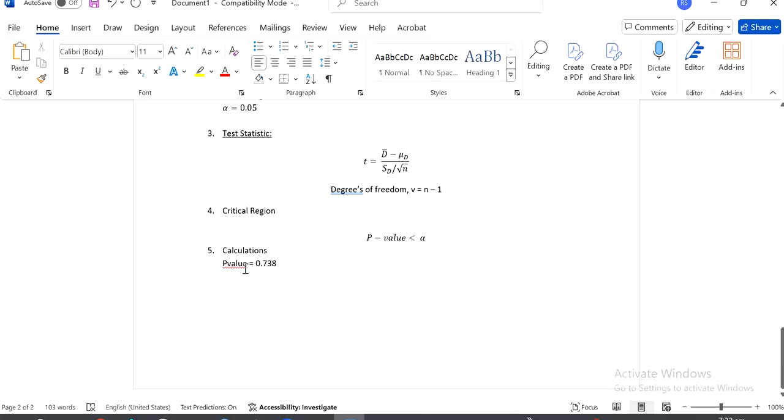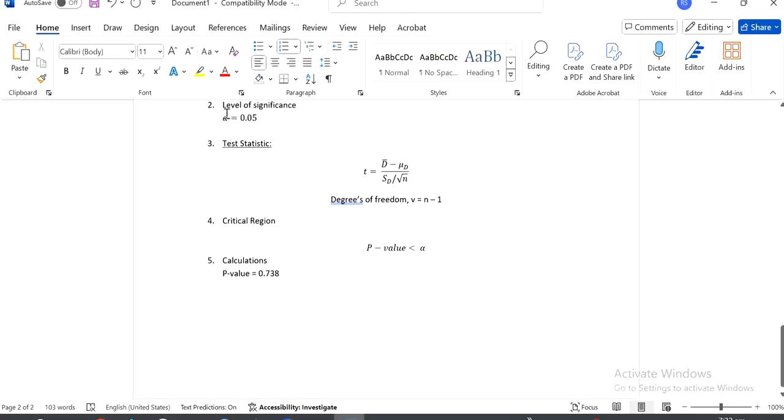But I don't have time to adjust it here, so I am skipping it. But you are not required to skip it if you are doing any assignment. So the p-value is this one, and the value of alpha is 0.05. Now, the critical region is this one. We are moving towards the conclusion.